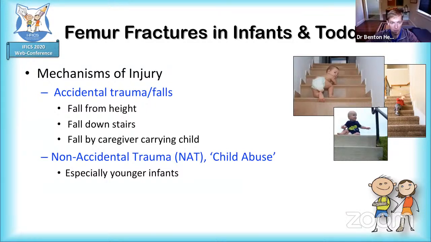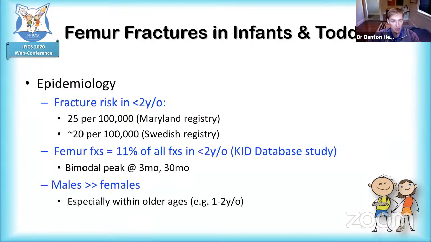These children are starting to walk and move and can get themselves into all kinds of trouble. And then a not uncommon mechanism would be a fall by a caregiver carrying a child. Importantly, non-accidental trauma needs to be remembered for any child who is not of walking age. So especially these younger infants.